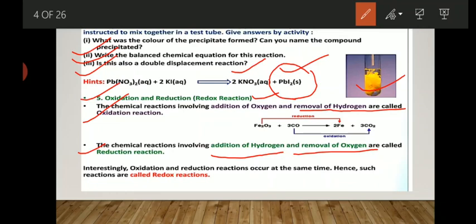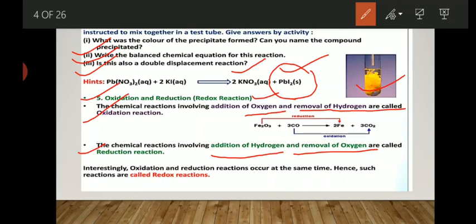This is the old concept. Basically, two new concepts are also introduced to explain oxidation and reduction. Oxidation is that type of reaction in which there is addition of electronegative elements. Why do I use the term electronegative element? Because the nature of oxygen is electronegative. There are many reactions in which neither oxygen nor hydrogen is present.